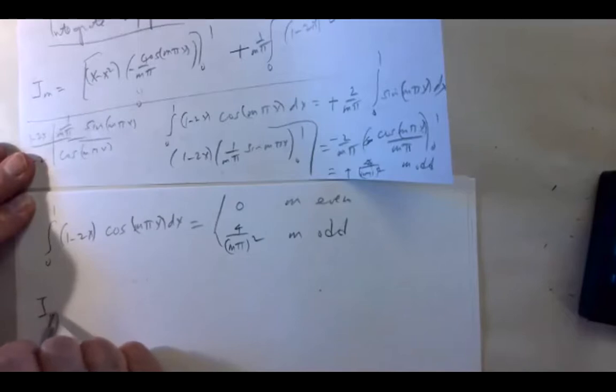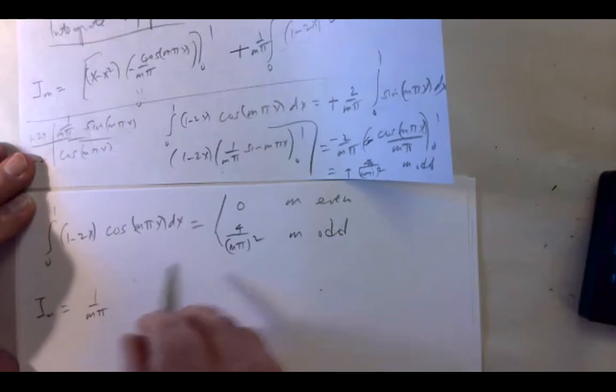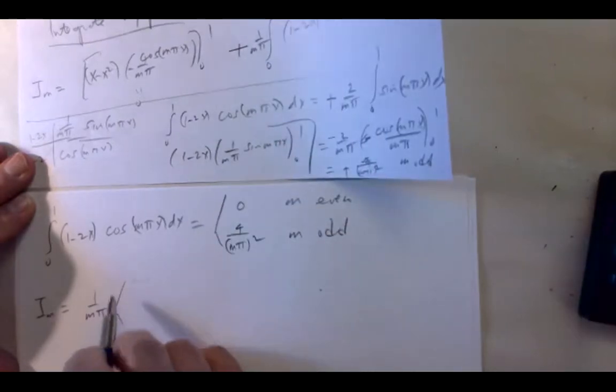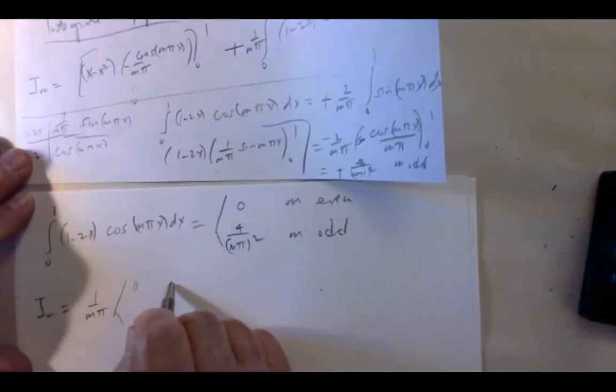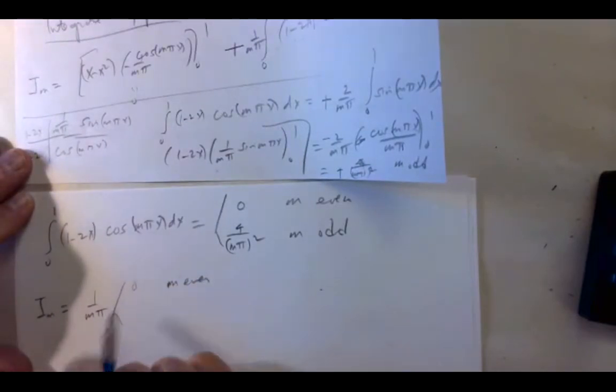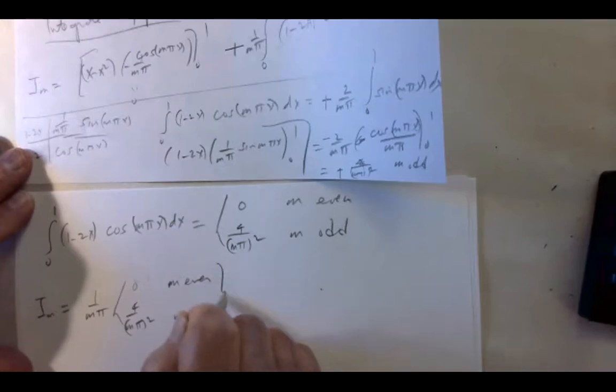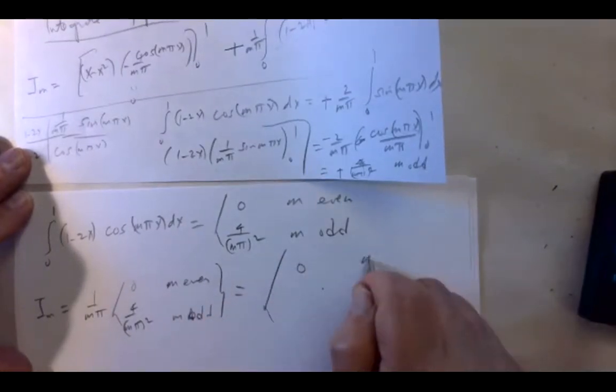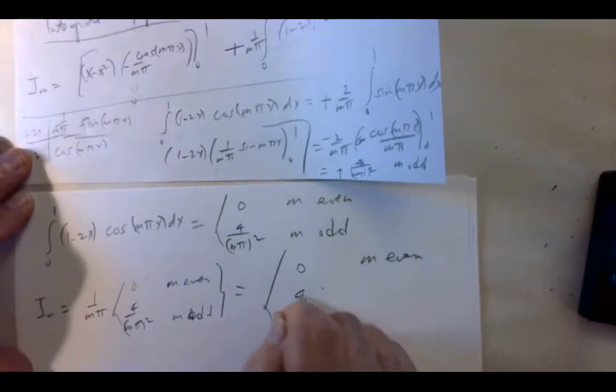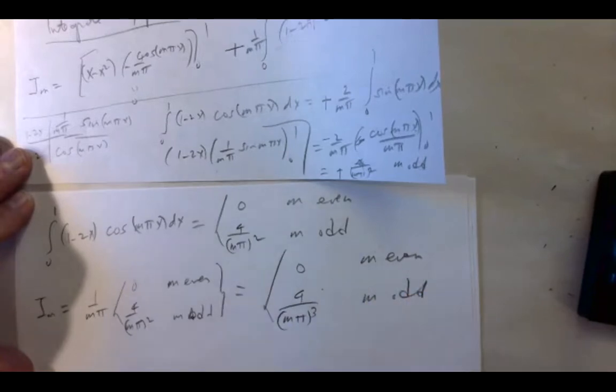So the integral that I need to find, I sub m, is equal to 1 over m pi times this integral, zero if m is even, 4 over m pi squared if m is odd. So that's equal to 0 if m is even, and 4 over m pi cubed if m is odd.